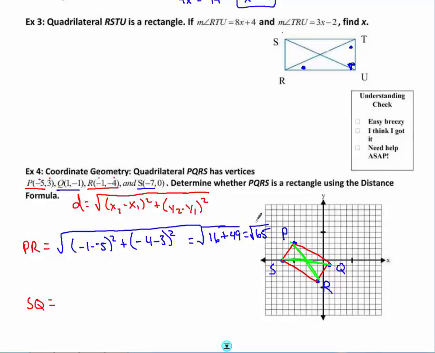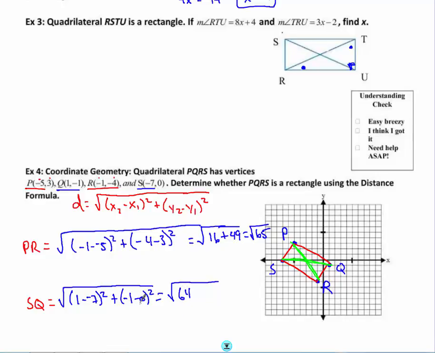Now we don't need to know what the square root of 65 is because it didn't ask us how long it is. It just asked us if they're both the same length. So when we come down and do SQ, okay, we're going to SQ. So SQ, x1, y1, x2, y2. So x2 minus x1, 1 minus negative 7 squared plus negative 1 minus 0 squared. Okay, 1 minus negative 7 is 8. 8 squared is 64.